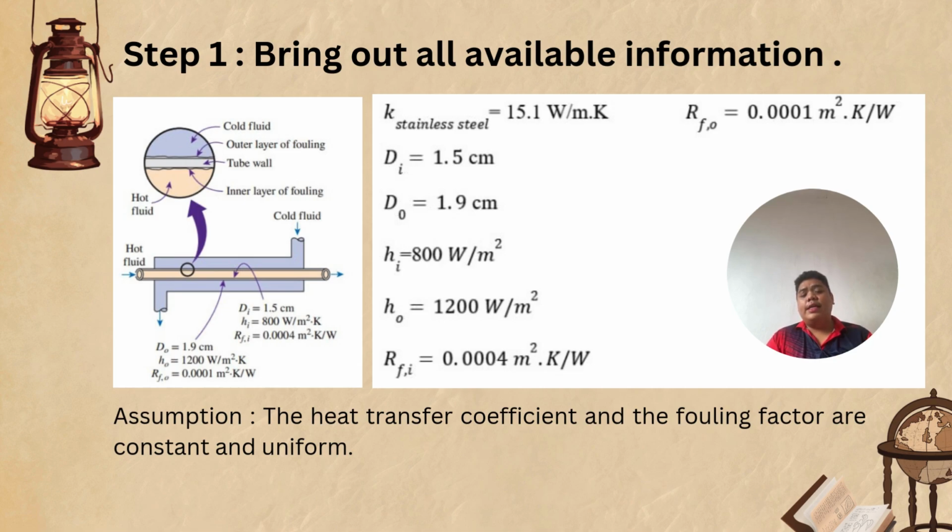The inner heat transfer coefficient is 800 watt per meter square Kelvin, and the outer heat transfer coefficient is 1200 watt per meter square Kelvin. The inner fouling factor is 0.004 meter square Kelvin per watt, and the fouling factor for the outer is 0.001 meter square Kelvin per watt.